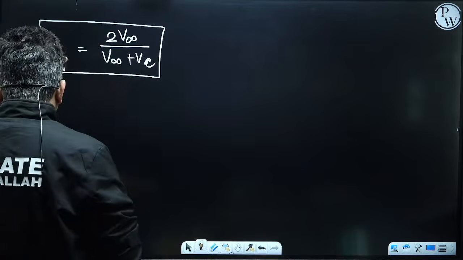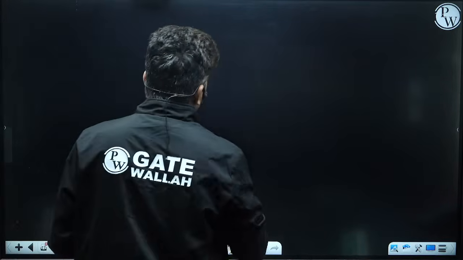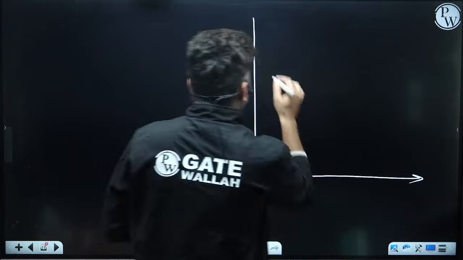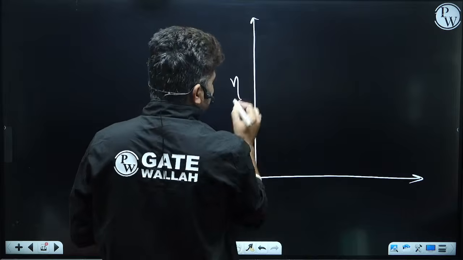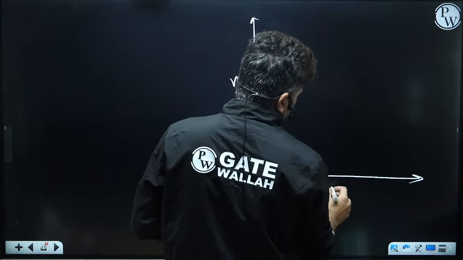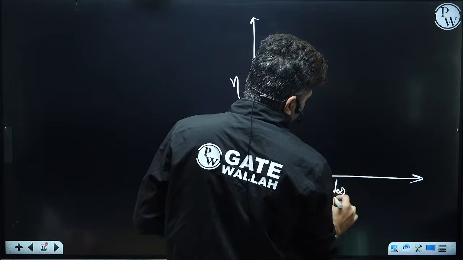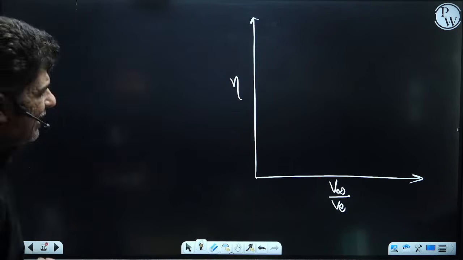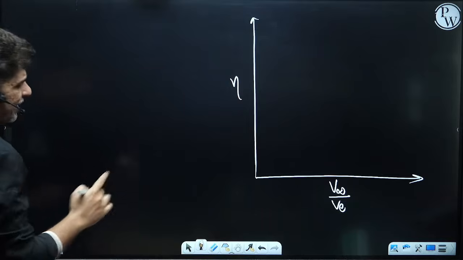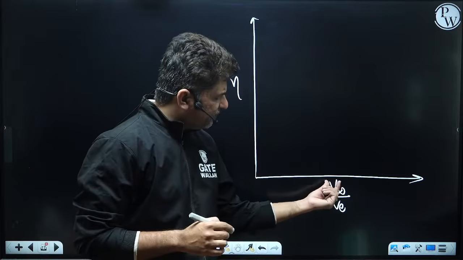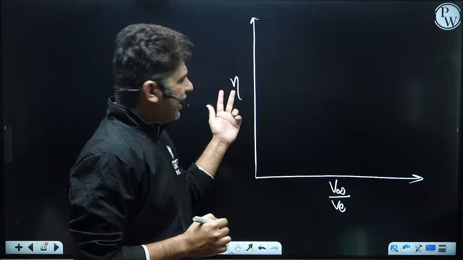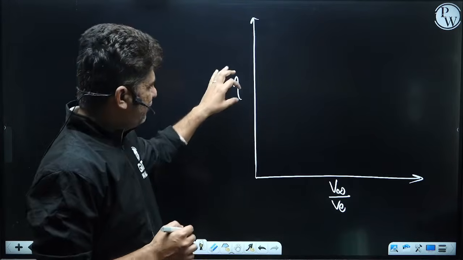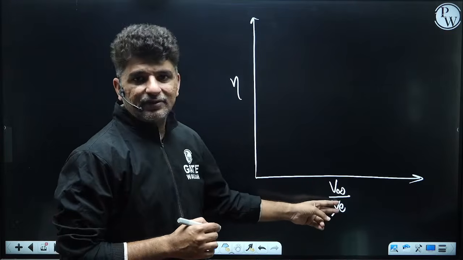Let's say I want to draw my graph for different V exit and V infinity conditions. So let's say efficiency, and this ratio is V infinity divided by V exit. We are going to draw the graph between V infinity, V exit and efficiency. So you see there are 3 parameters that are going to vary: efficiency, which depends on V infinity and V exit.